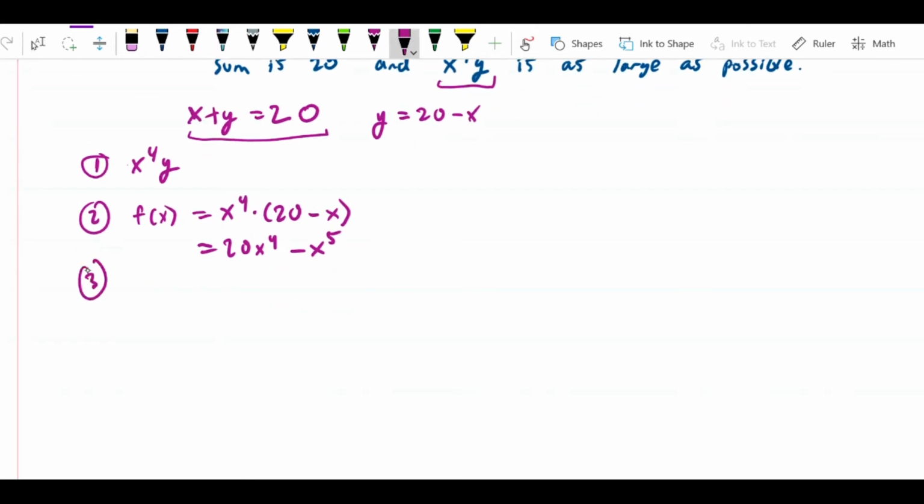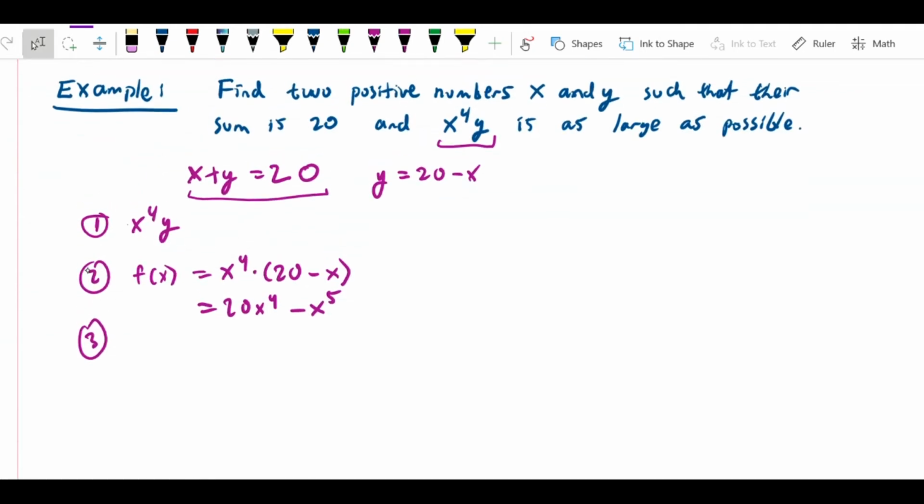For the feasible domain, both numbers have to be positive, so I can't choose x to be 0 or less. It has to be greater than 0. And if I choose x to be 20, then y becomes 0, which is not positive. So the domain is 0 comma 20, not including the endpoints.